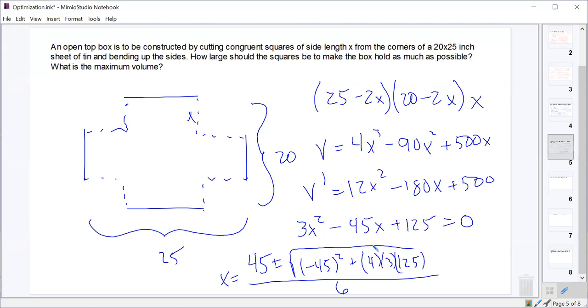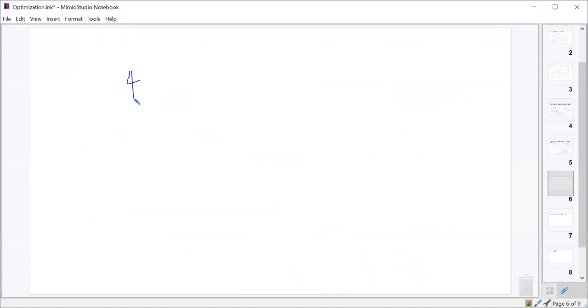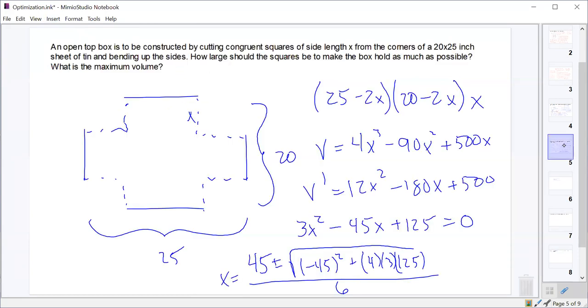And what did that inside the radical simplify to be? 525.